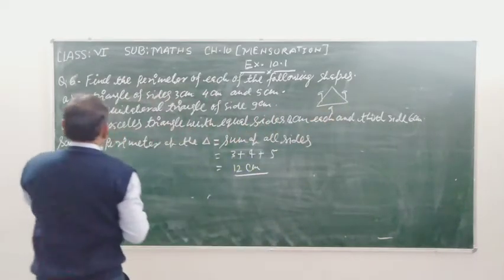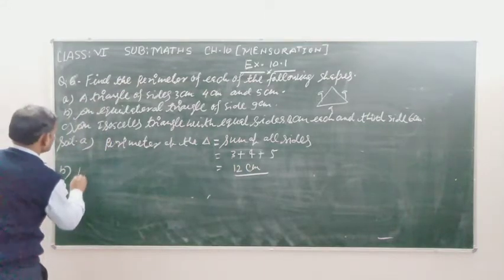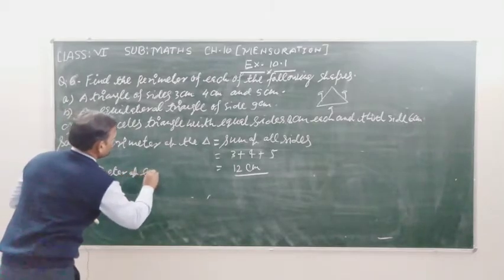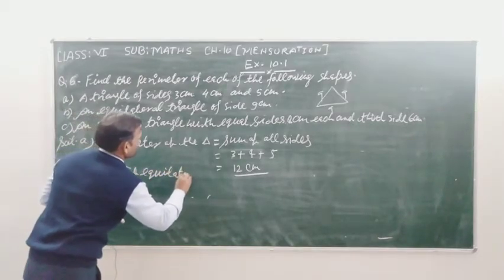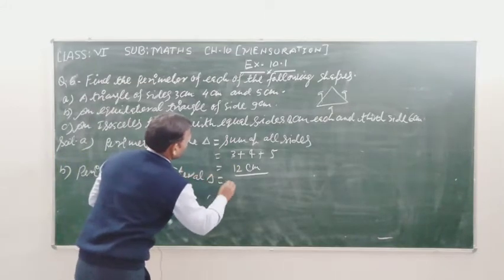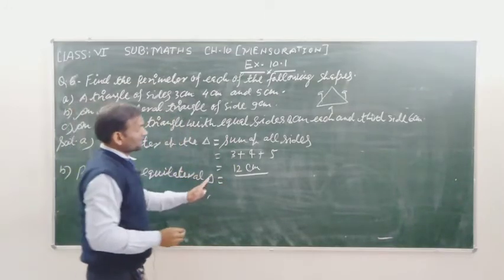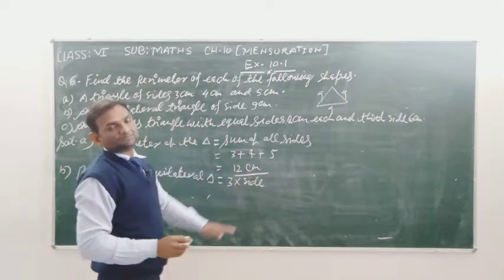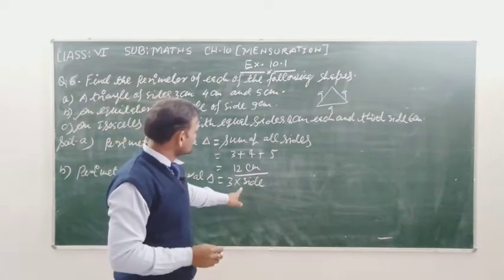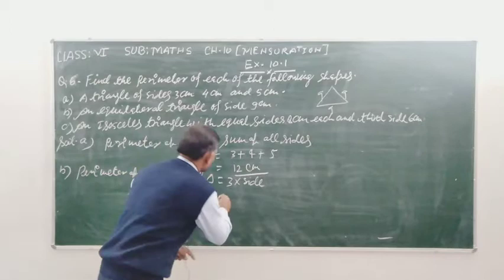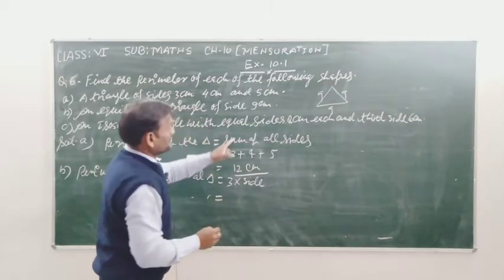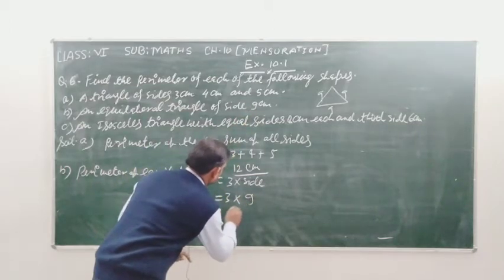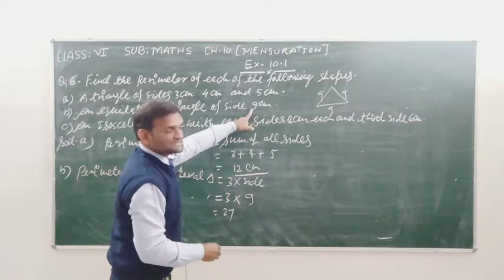So perimeter of an equilateral triangle is equal to 3 into side, which is 3 into 9 centimeter. 9 threes are 27 centimeter.